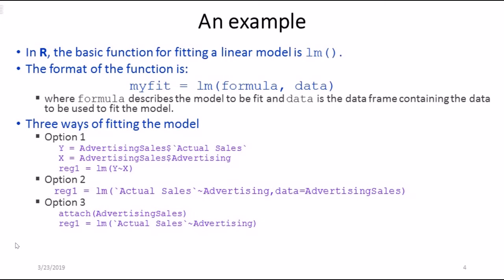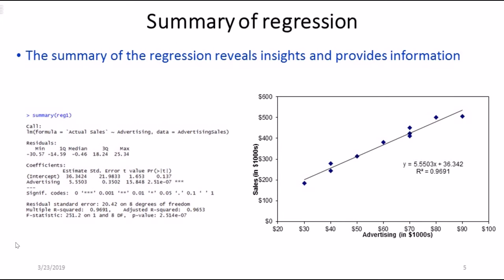The summary of the regression reveals insights and provides information. Once a model has been trained, you can use the summary function to collect some insights from the model. We will look at the details of the printout later.